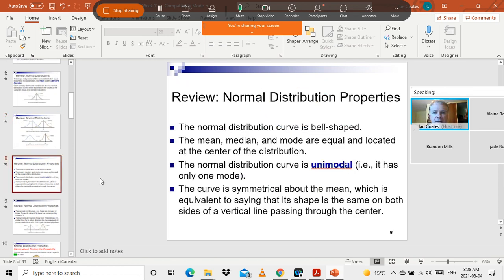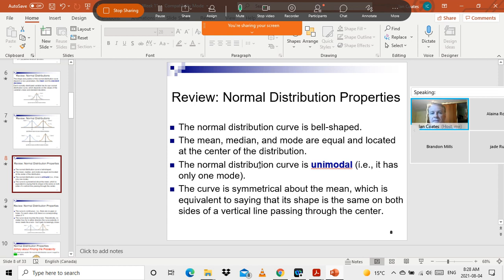A little bit more review. The normal distribution curve is bell-shaped. The mean, median, and mode are all equal and located at the center. We're just focusing on the mean right now, but they're all there in the center. It is unimodal, not bimodal.